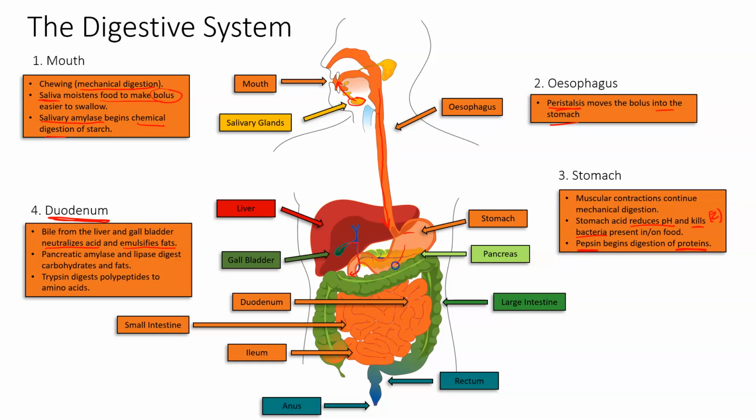Because the contents of the stomach that are leaving the stomach, including the food material, have to obviously be neutralized, because, again, the pH of the stomach is a 2. The pH of the small intestines is just slightly higher than 7.